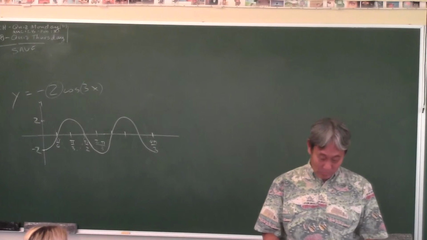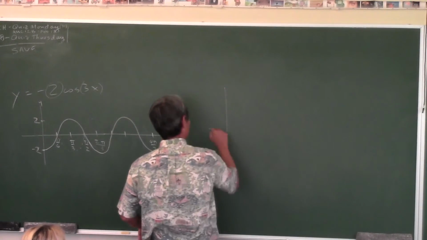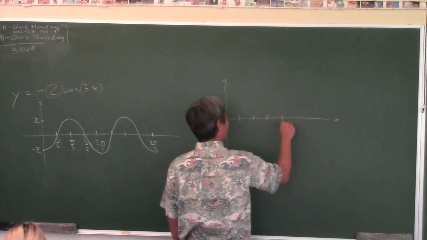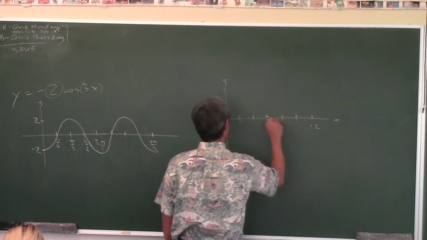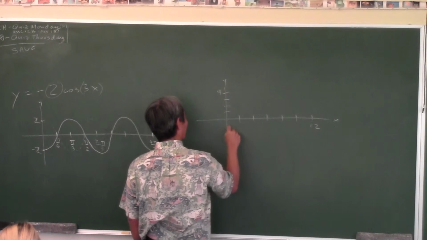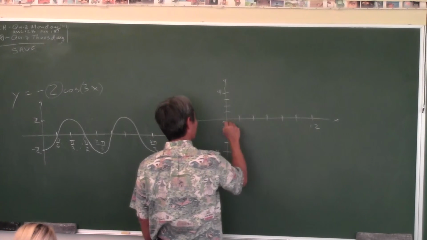Now the other part of the homework is they're going to give you a graph, and then you have to write the equation. So here we go. 2, 4, 6, 8, 10, 12. 1, 2, 3, 4. 1, 2, 3, 4. And then something like this.